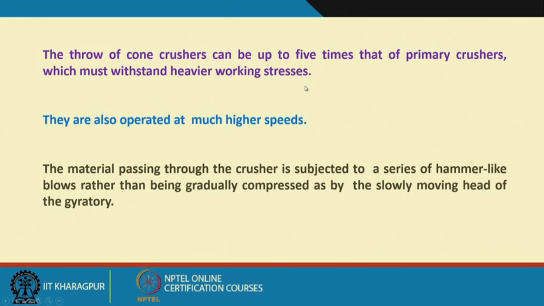That means, when you have a higher throw and you are impacting, much more stress is induced on the surfaces. They are also operated at much higher speeds. The material passing through the crusher is subjected to a series of hammer like blows.